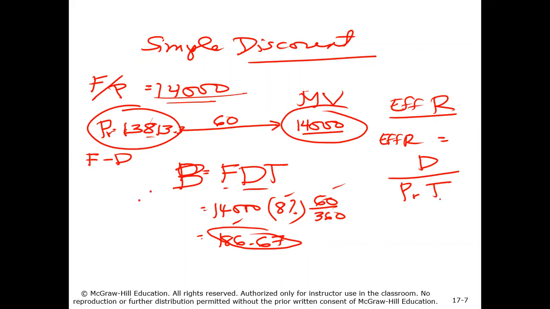So this is equal to the discount, 186.67, divided by the proceeds, 13,813.33, multiplied by 60 over 360, the time. Could you kindly compute for that, please?